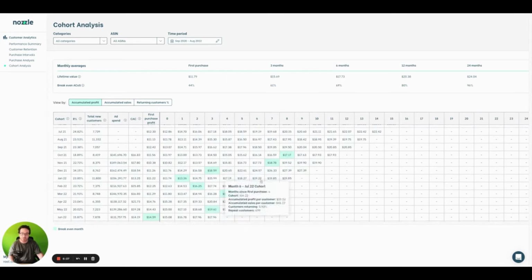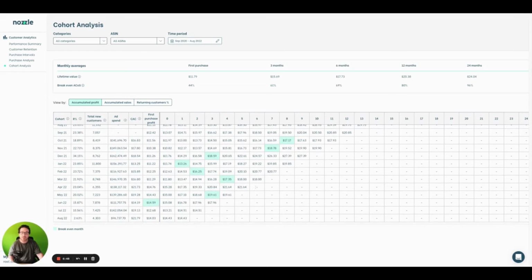But the newer customers after 6 months are worth a whole lot more, closer to $20. And that's obviously a really good sign. The reasons for that could be numerous. It could be because you've raised prices, or your margins have improved, or they're buying more frequently, but it's clearly a trend that's going in the right direction, which is really good.